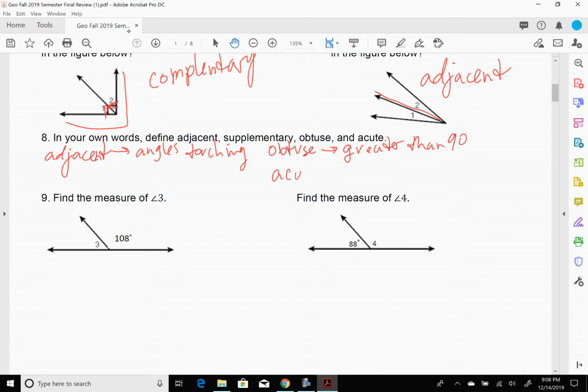Acute is less than 90. And supplementary means they add to 180. Two or more angles that add to 180.